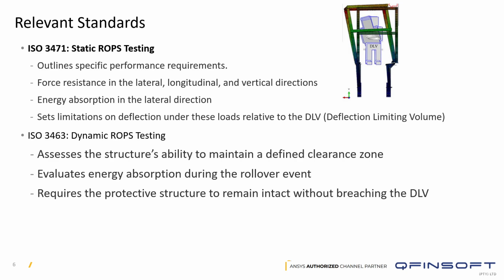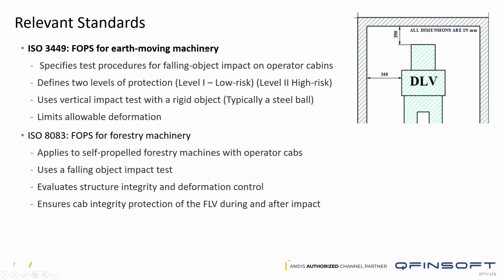The energy absorbed in the lateral direction needs to be evaluated within this test, and then this sets a limitation on the deflection under the loads. So meaning that during this loading, no deformation needs to enter the deflection limiting volume. And then we also have the standard 3463, which is dynamic ROPS testing, but we'll be focusing more on this 3471 going forward.